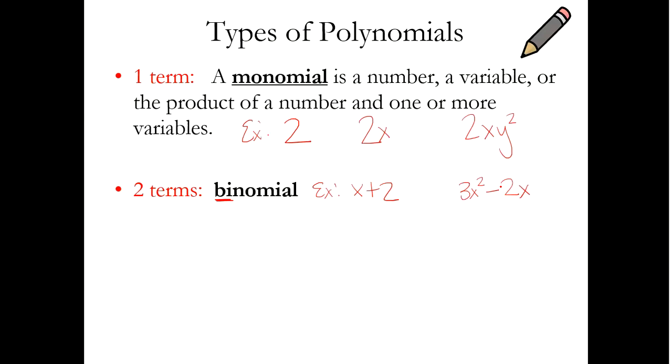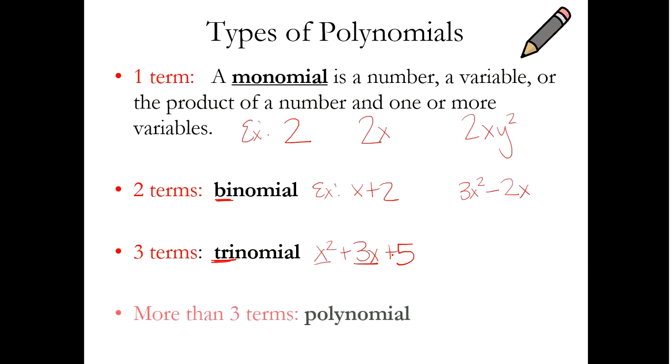So a binomial is two terms, two monomials put together with adding or subtracting. Three terms is called a trinomial, kind of like a tricycle has three, so it's tri. This would be something that looks like x squared plus 3x plus 5. Three pieces all attached with adding and subtracting.